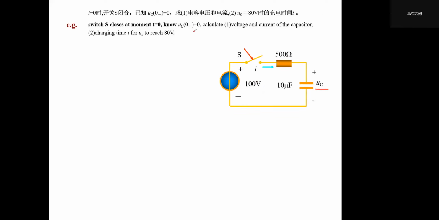We would like to calculate the voltage and the current of the capacitor, and the time t for UC to reach 80 volt. The source value is 100 volt, so we would like to know when this will reach 80.